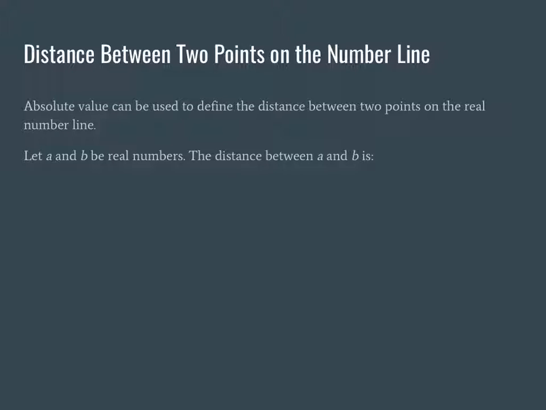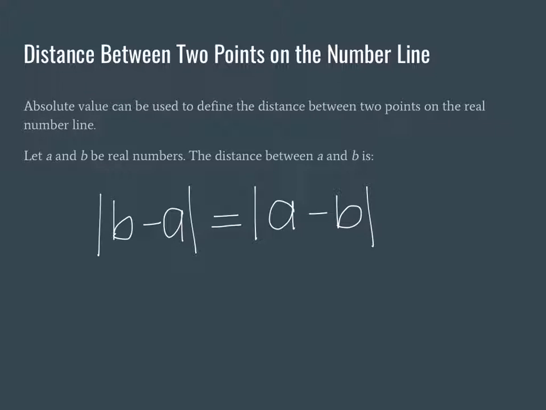The distance between A and B is the absolute value of B minus A, which is going to be equal to the absolute value of A minus B.